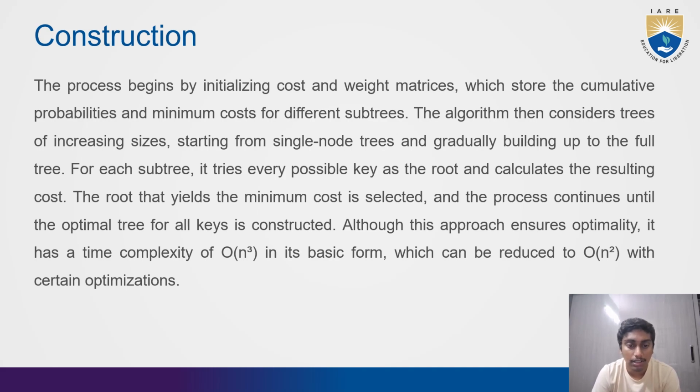The root that yields the minimum cost is selected, and the process continues until the optimal tree for all keys is constructed. Although this approach ensures optimality, it has time complexity of big O of n cubed in its basic form, which can be reduced to big O of n squared with certain optimizations.